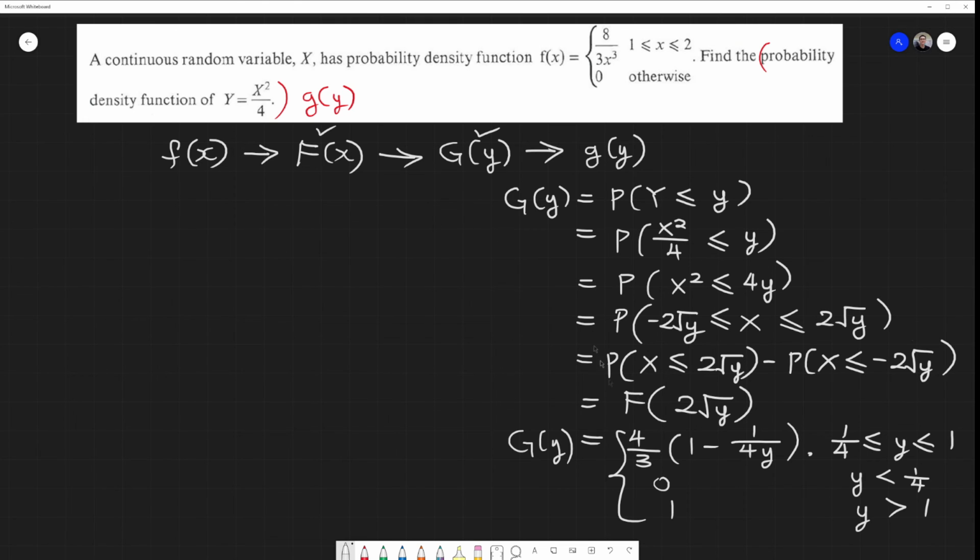Remember, in order to go from the CDF to the PDF, you have to differentiate. So small g of y is equal to d big G dy. So we are essentially differentiating this guy here.